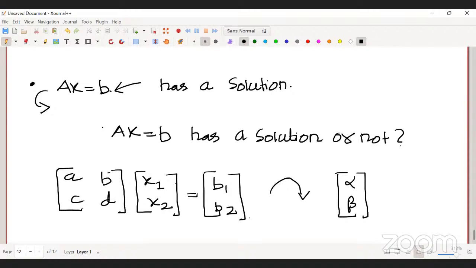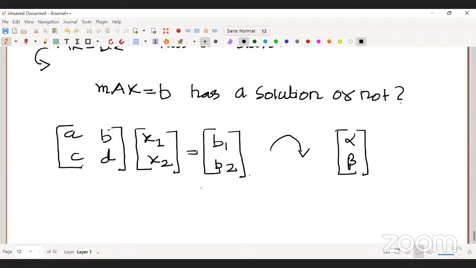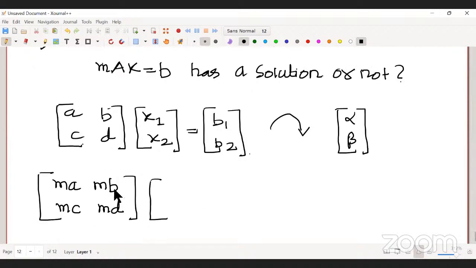Let me take M. So basically, it's asking whether this equation, M times A, that means MA, MB, MC, MD, has a solution or not.